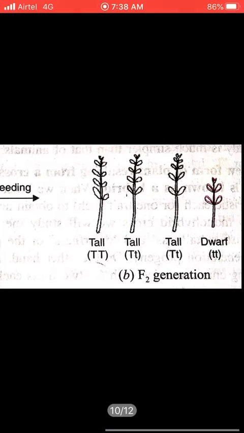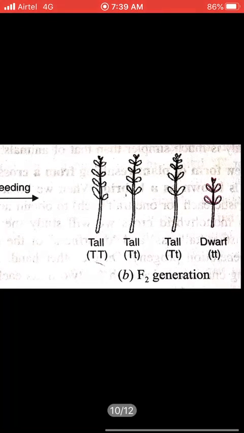But out of these 3, only 1 is pure tall because it has all dominant traits, that is capital T, capital T. In the remaining 2, capital T and small t, genetically they have the recessive gene, but physically the dominant gene is more expressive than the recessive one, hence they are tall.